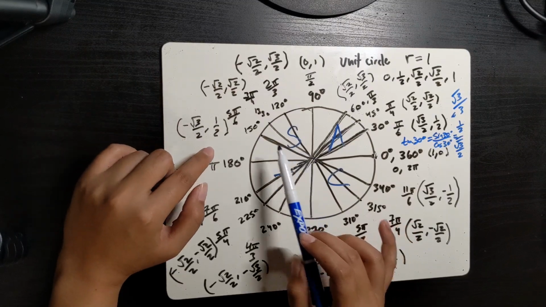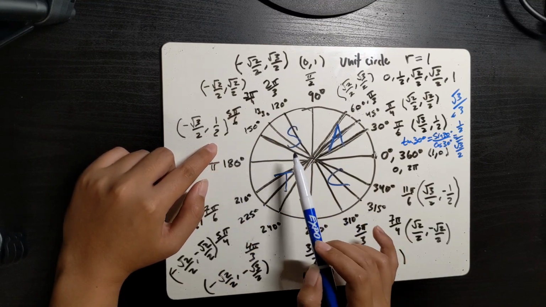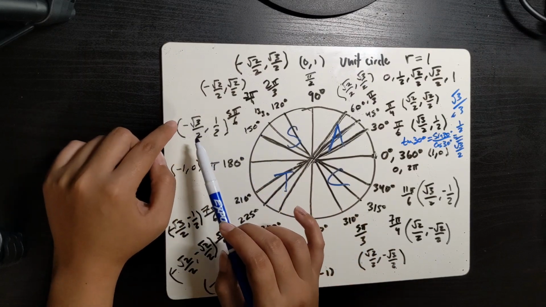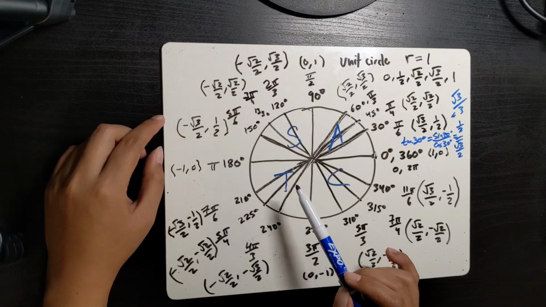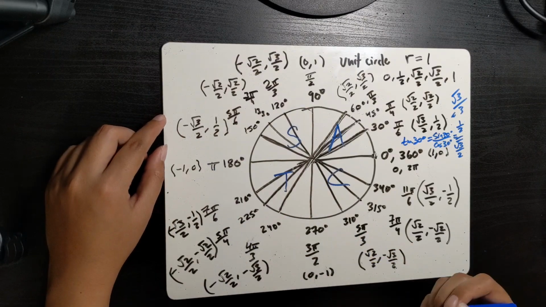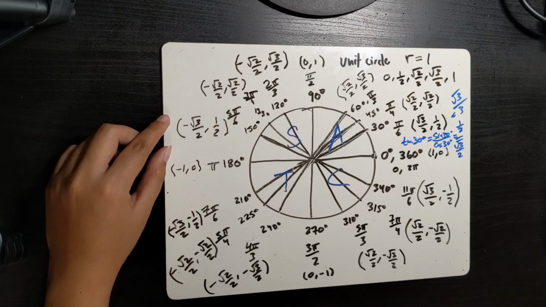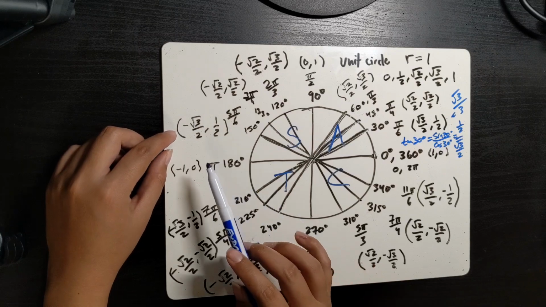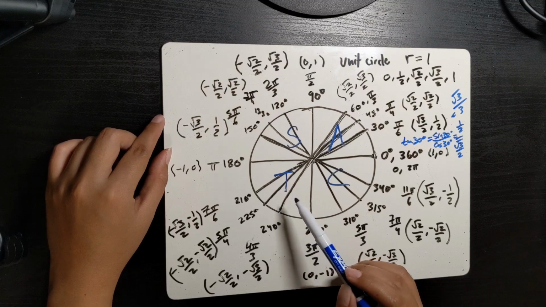If you do a sine 150, you would get 1/2. If you were to do a cosine 150, you would have gotten a negative square root 3 over 2. If you were to do a tangent, and since tangent is sine over cosine, if your sine is positive and your cosine is negative, a positive over a negative would have given you a negative value for your tangent.